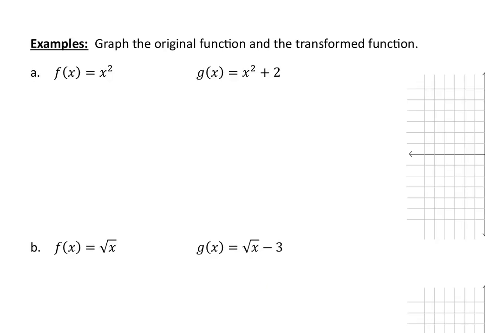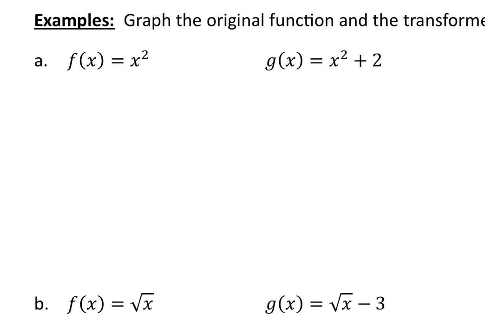All right, we're going to start by looking at vertical shifts. In order to do this, we're going to start by creating a table for our parent function, which is going to be x squared. We want to talk about what values we want to plug in.